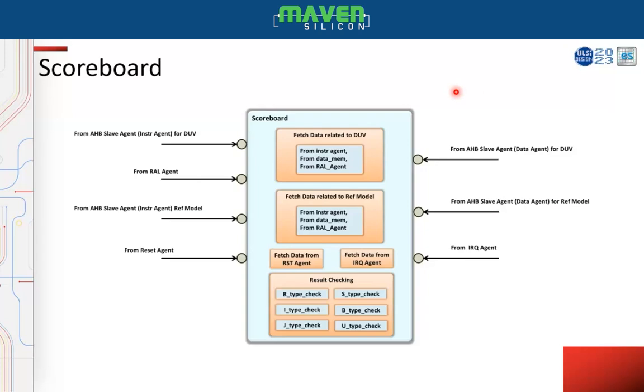Coming to the scoreboard, it gets the data from various components like the data agent, instruction agent, and even from RAL components. Depending upon the type of instruction, the scoreboard will decide what kind of comparison must be done, and based on that, it will do the comparison and generate the report.